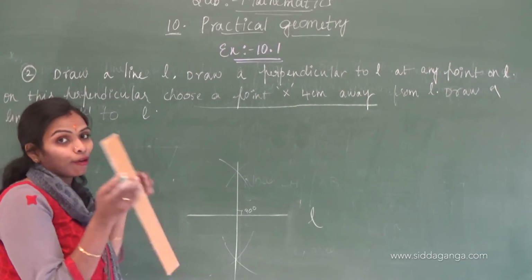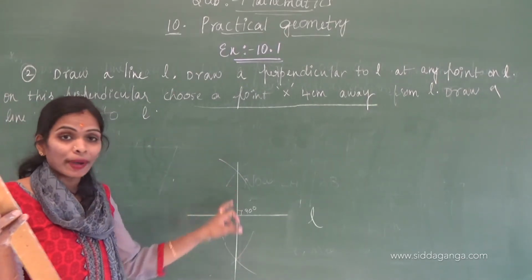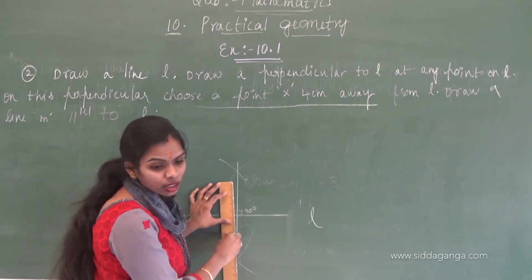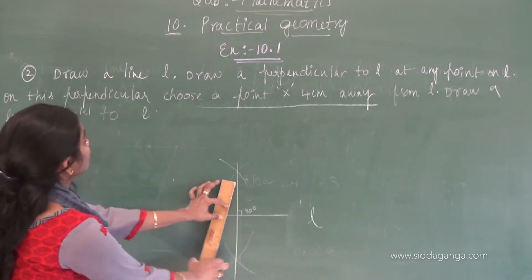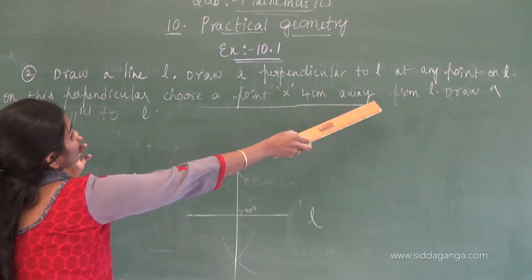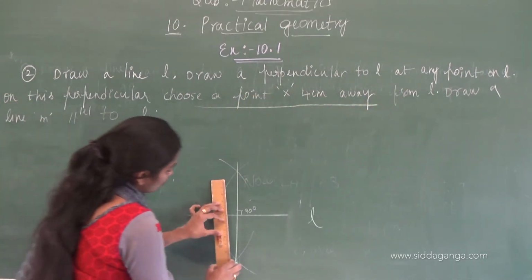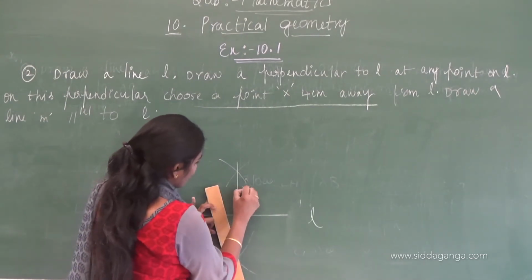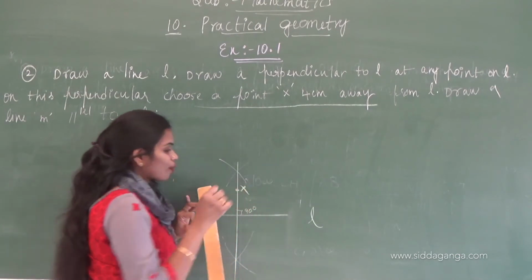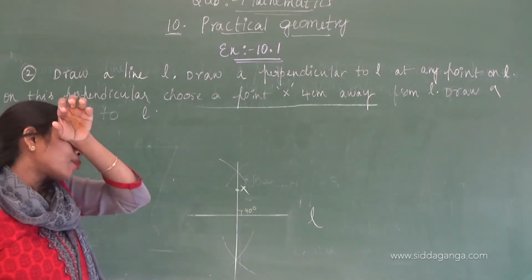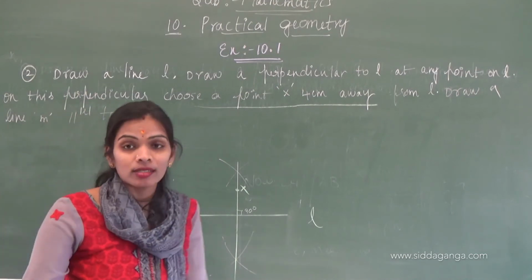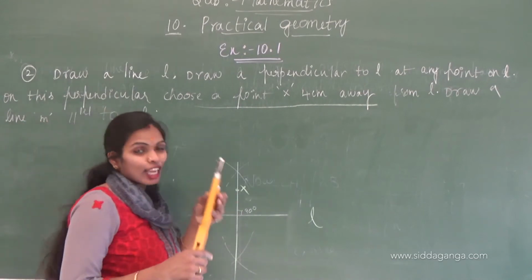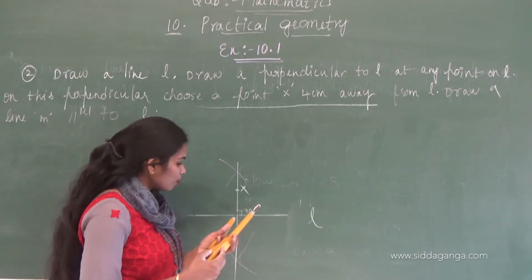What they are telling, we have to take a point X on this perpendicular line, choose a point X 4 centimeters away from L. Here I have to take a point X. Through that point X we have to draw a parallel line. The same procedure you have to repeat here.